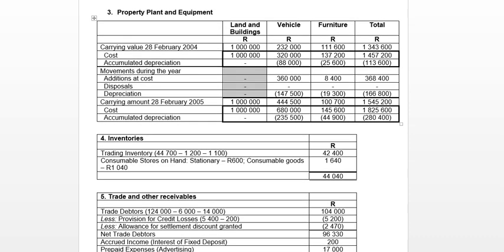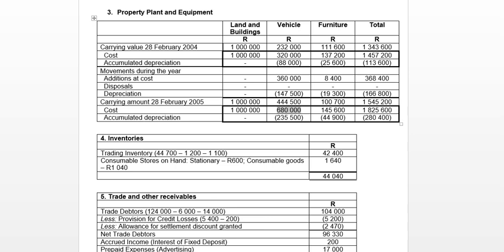Towards our vehicles, what do we have? So we currently have a cost price of 680,000 Rand, plus we bought an additional vehicle of 360,000 Rand. So our cost price at the beginning of the year was then 320,000 Rand, because this 320,000 Rand plus this 360,000 gives us our balance towards vehicles at the end of the year of 680,000 Rand.